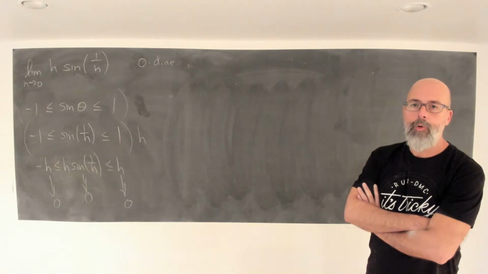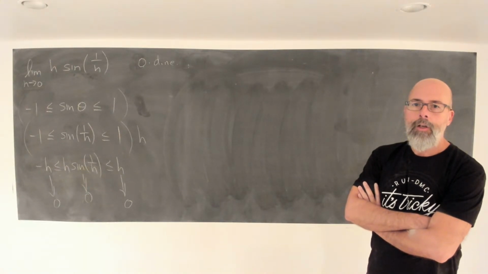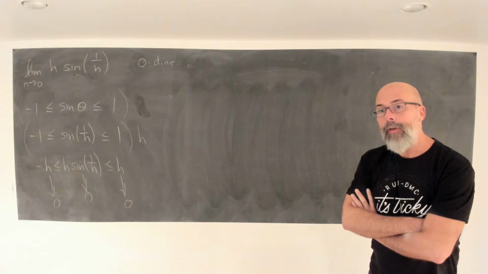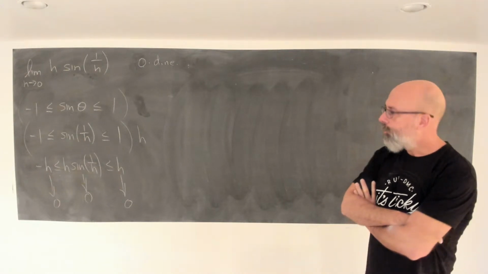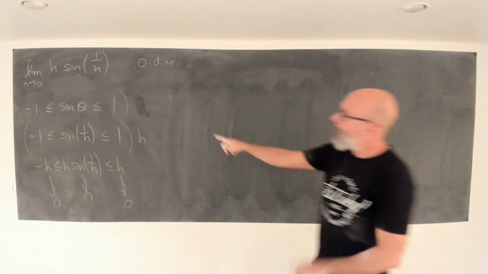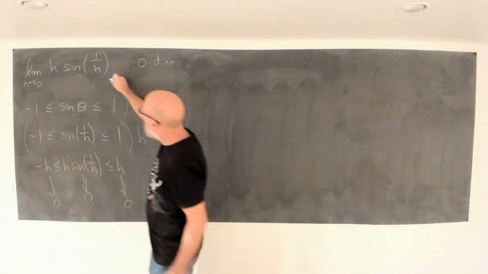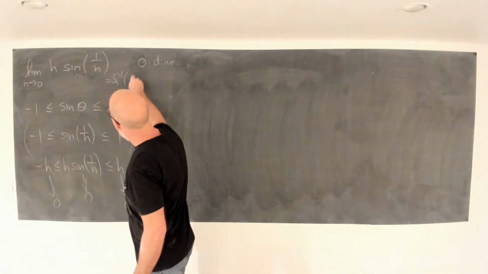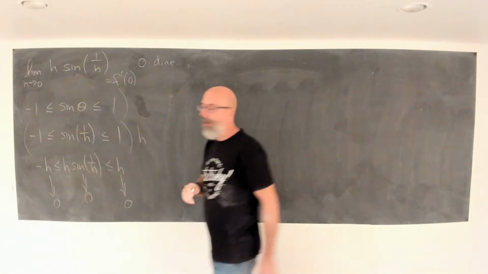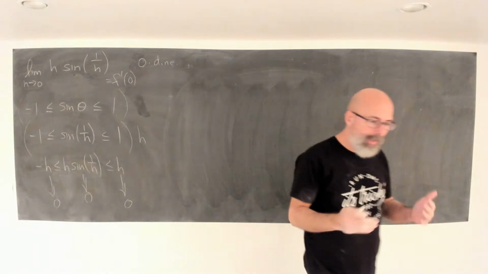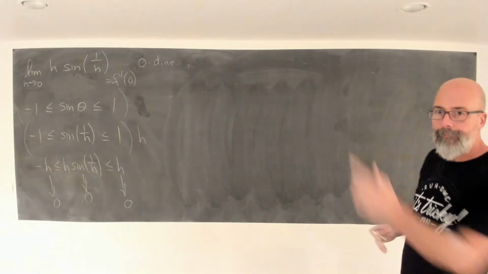Jessica, back to your question. You're referring to two different things. We took limit from the left and limit from the right in order to figure out what the derivative of the function at 0 was.